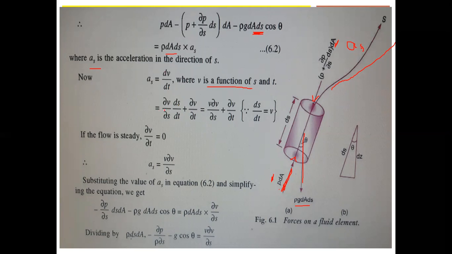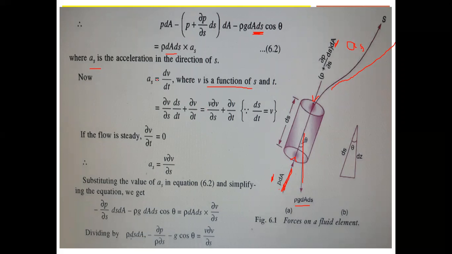Differentiating, dv by dt is equal to dou v by dou s into ds by dt plus dou v by dou t, that is v dou v by dou s plus dou v by dou t, since ds by dt is equal to v.